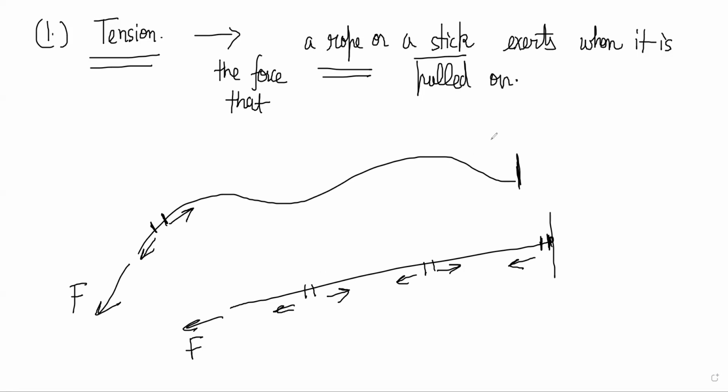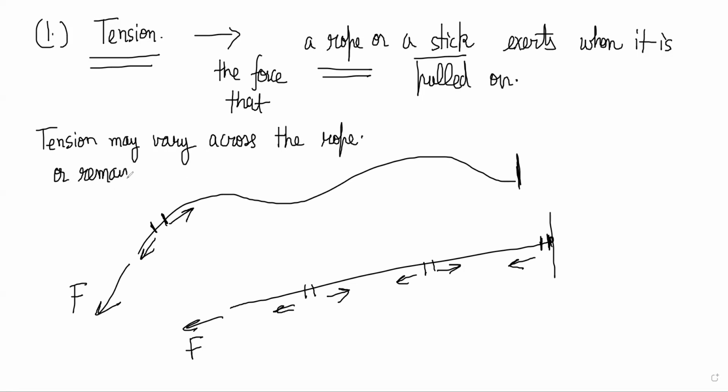Now, in some cases, you will see that tension may vary across the rope. And in some cases, you might find that tension is the same throughout the rope. So how will you figure out when tension varies and when it remains the same, right?